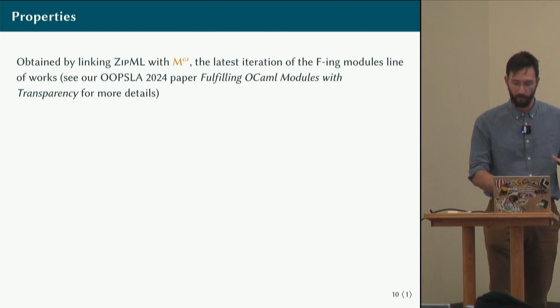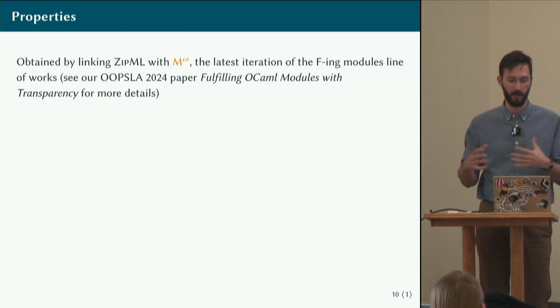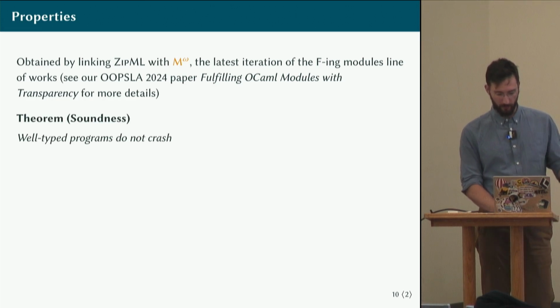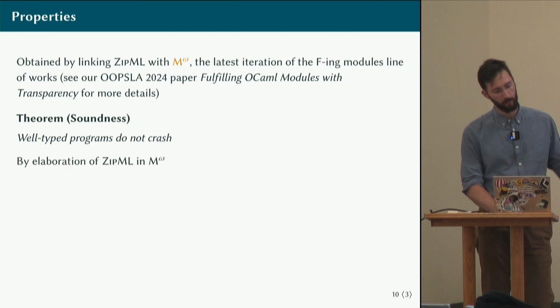That is basically the latest iteration in a very different line of work, where ML modules are understood via elaboration in F-omega. And so there is a soundness theorem that is what you would expect, and it's obtained by elaboration of ZipML in M-omega.